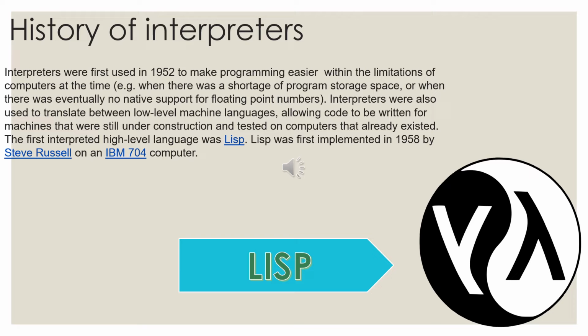Interpreters were also used to translate between low-level machine languages, allowing code to be written for machines that were still under construction and tested on computers that already existed. The first interpreted high-level language was Lisp.